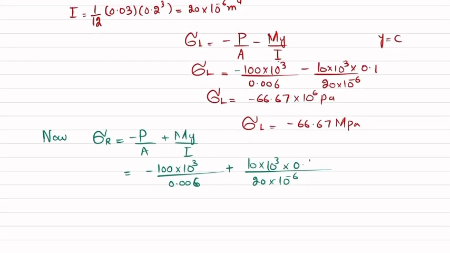So 0.1, that is sigma, tensile stress from the right region. So when you calculate sigma r, you will get 33.3 into 10 raised to power 6 Pascal. Since it is positive, we can say this is in tension.